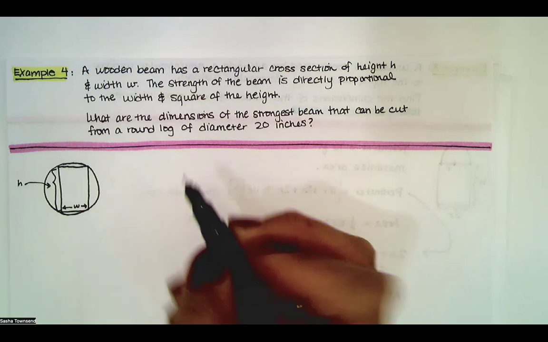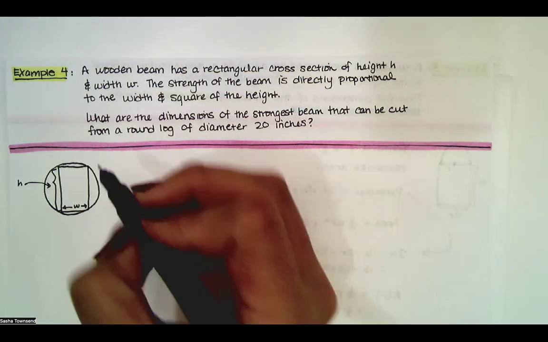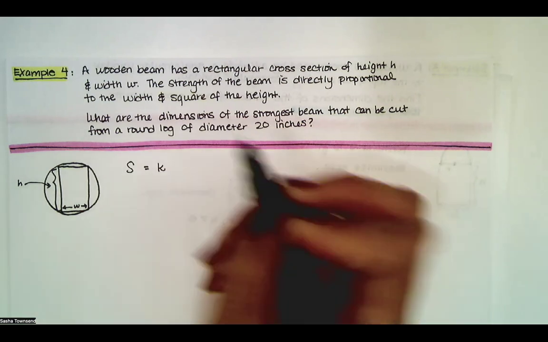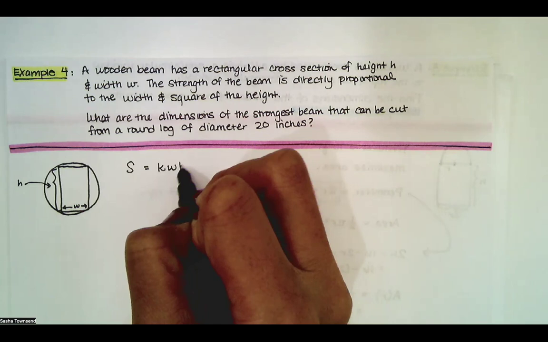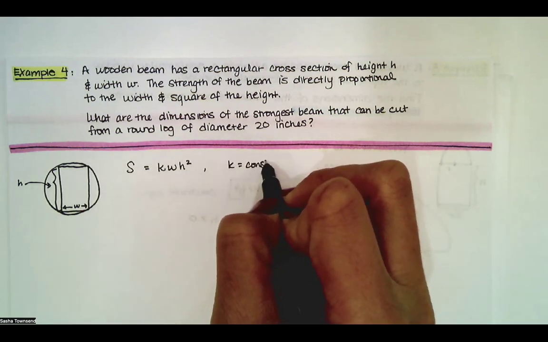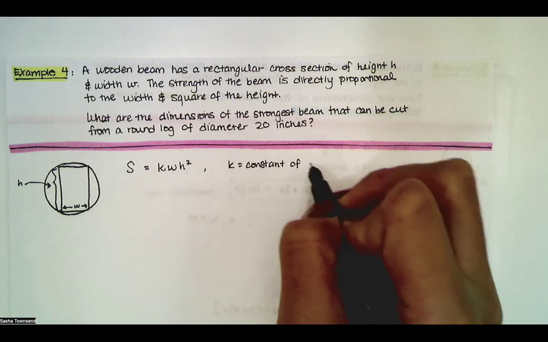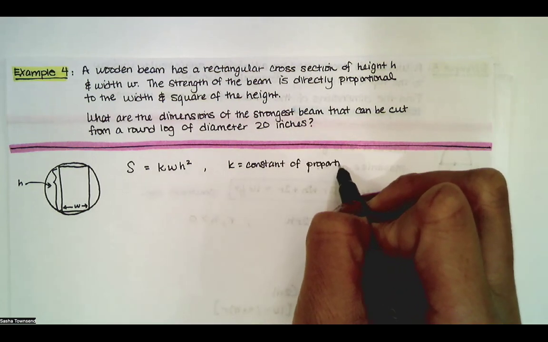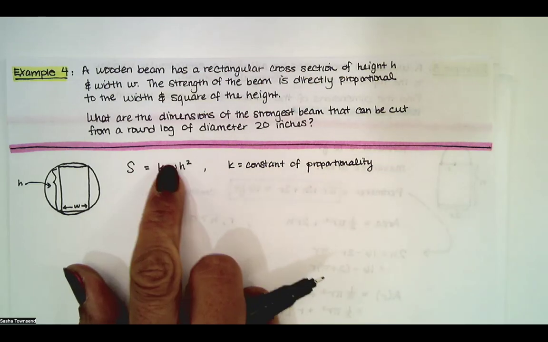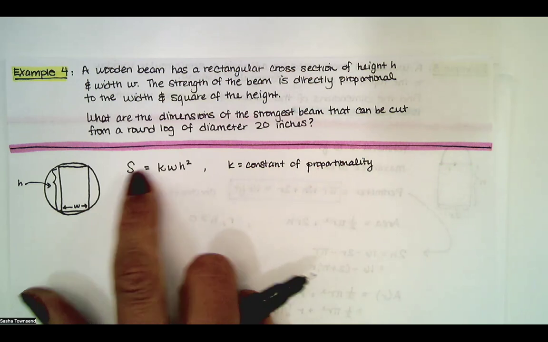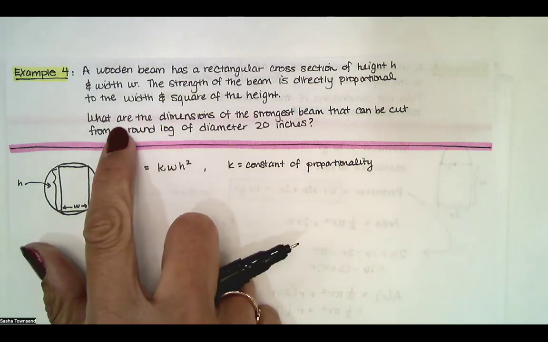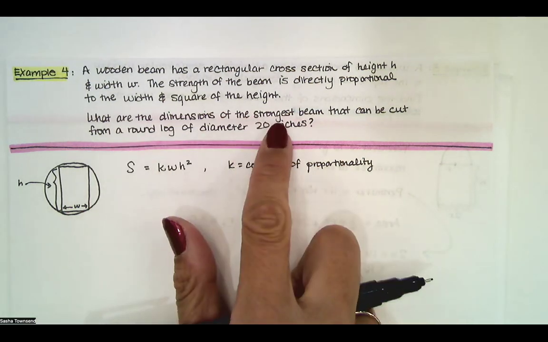Okay. It says the strength of the beam, we'll call that S, is directly proportional, so it's a constant times the width and the square of the height. And this is where K is some constant of proportionality. So it's some unknown constant, but if we had enough information, if we had a particular width and a particular height and a particular strength, we could find the value for K. It says, what are the dimensions of the strongest beam that can be cut?